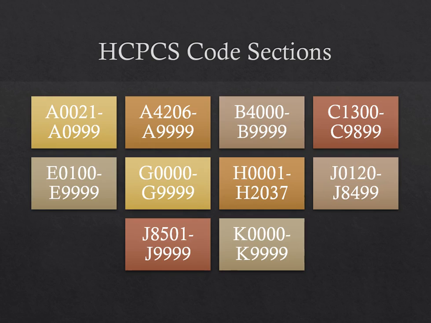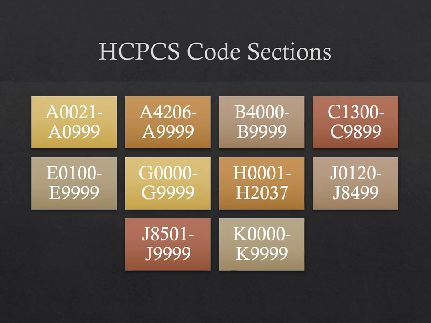So it's drugs administered other than the oral method. So here, those codes are J0120 through JA499. Then we have chemotherapy drugs, J8501 through J9999.